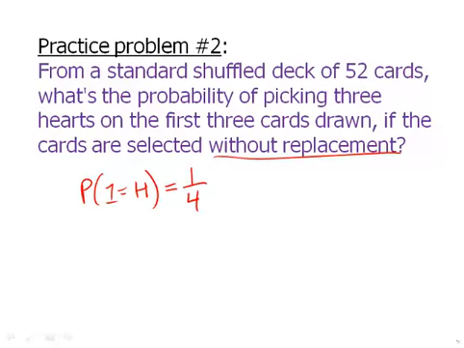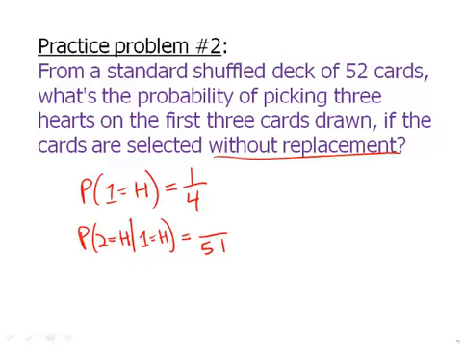Now it starts to get a little tricky. The second pick. What's the probability that the second pick is a heart, given that the first pick was a heart? Well, now we're dealing with a deck of 51 cards, not 52. So I'm going to put 51 in the denominator. And now, instead of having 13 hearts, one has been taken out already.